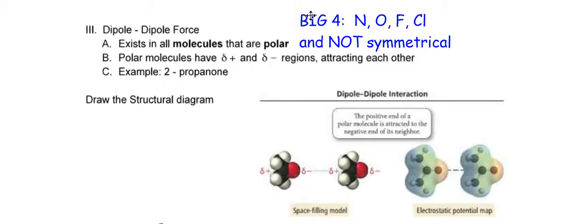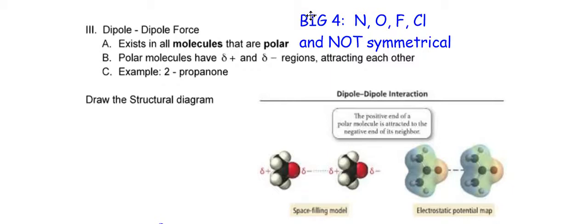You can have other polar molecules, but you have to have an electronegativity chart handy, since the electronegativity difference would tell you polar versus nonpolar. They aren't going to do that for you. They're just going to expect you to know that if you have nitrogen, oxygen, fluorine, chlorine, and it is not symmetrical, then it'll be polar. The only exception is something like nitrogen trichloride, where they cancel each other out.